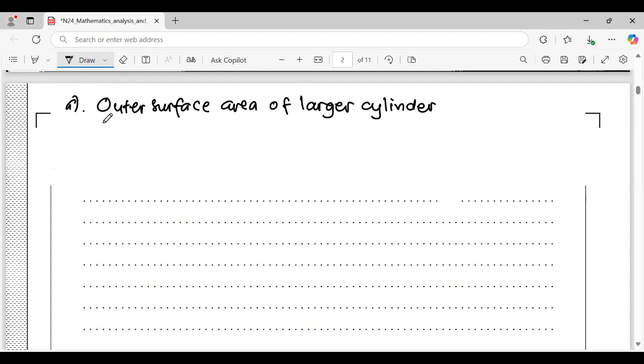I'm going to write in the symbol A, area outer. A outer is equal to pi times radius 4r times h. It becomes 8 pi rh.